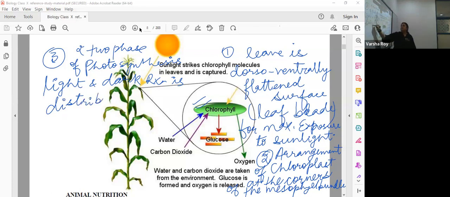It is distributed in the chloroplast. So it is well distributed.